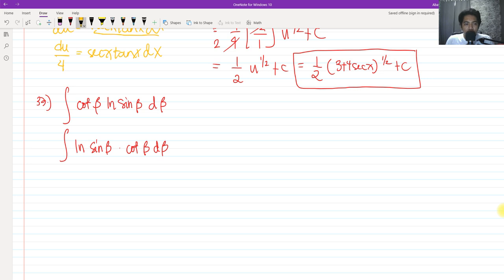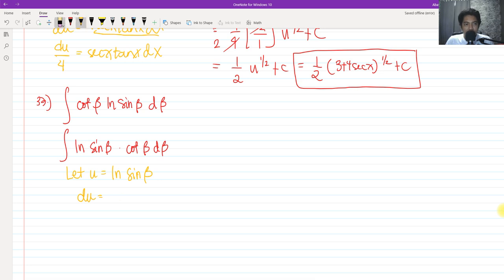So if we're going to let u equal to the ln of sine beta, and we're going to get the derivative of u. Take note that this is in ln. So in order for us to get a derivative of ln, that's du all over u. So we have to get whatever is the derivative of the inside of the ln. And the derivative of sine beta is cosine beta.